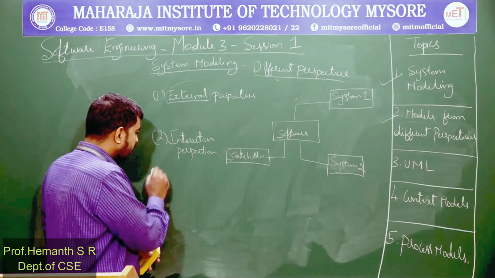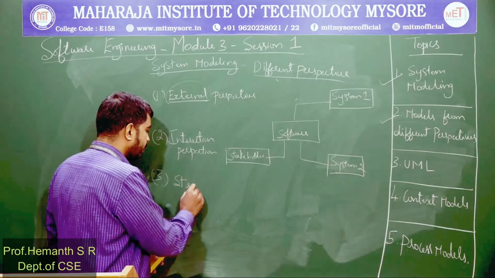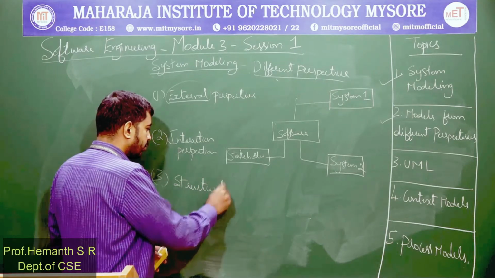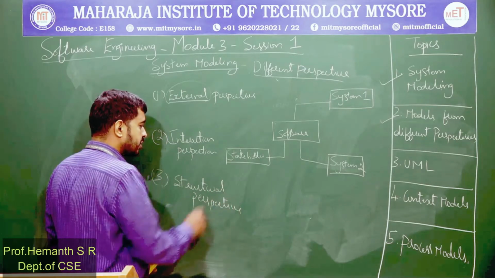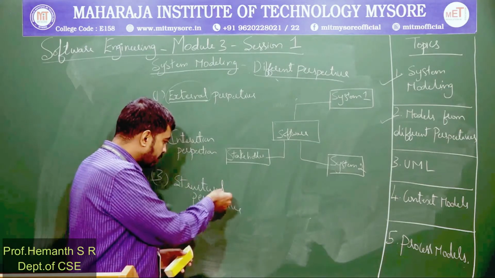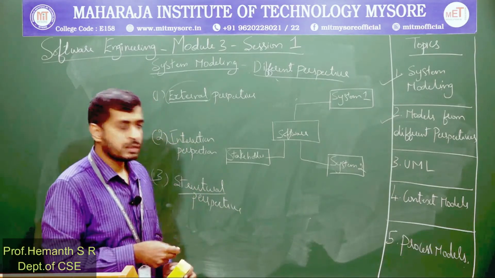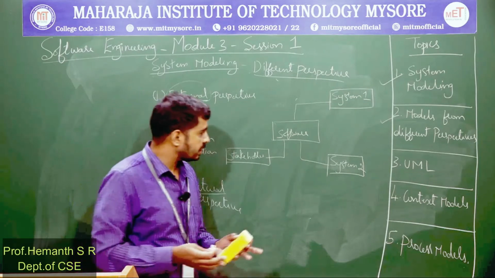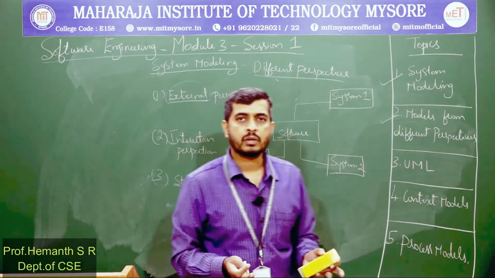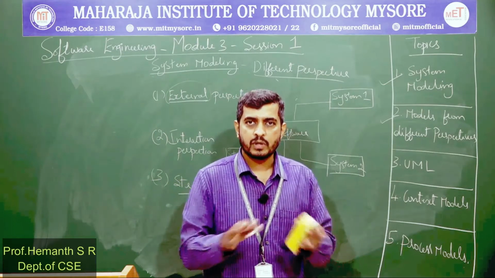The third one is the structural perspective. What is our main focus in structural perspective? The name is giving an indicator here: structural. Structure means different parts which together have formed a whole.